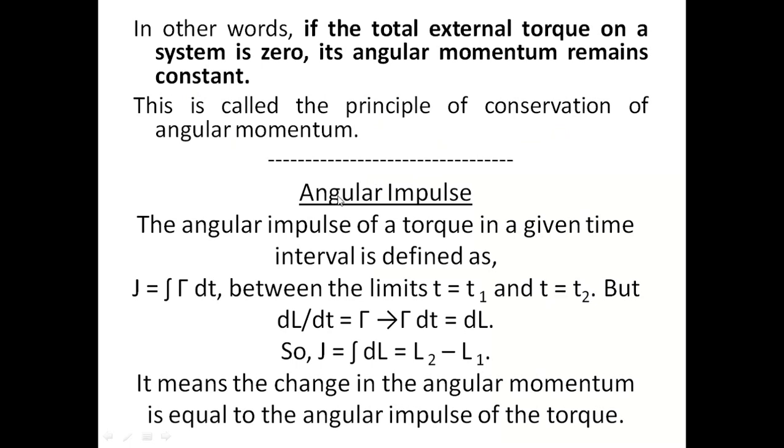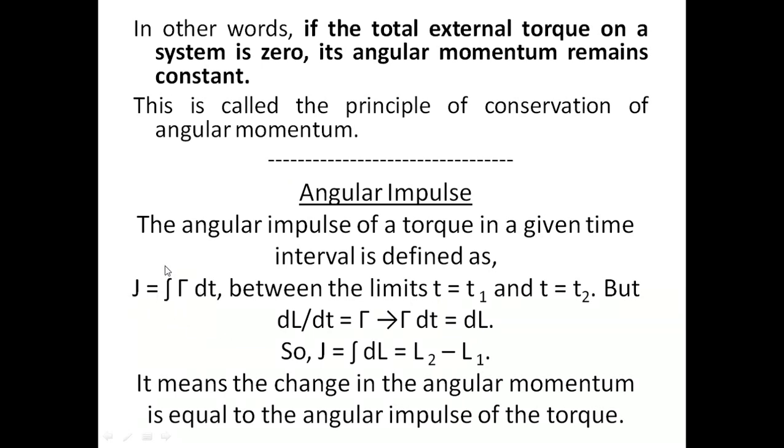Now let us come to angular impulse. The angular impulse of a torque in a given time interval is defined as J equals the integration of gamma dt. The time interval is between t1 and t2. Now dL by dt equals gamma, the torque. So gamma dt equals dL.